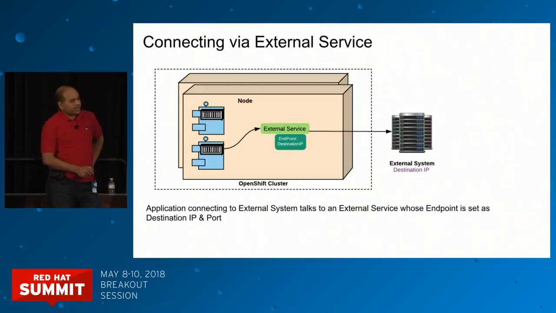So you manually create an endpoint behind the service. Usually the endpoints for a service are pods, right? Instead of a pod, you create your own endpoint, and that endpoint will point to the destination IP address which is outside OpenShift. Now, you may have multiple applications that are trying to reach this external system. All they have to do is call this external service, and that will redirect it to the external system, right?